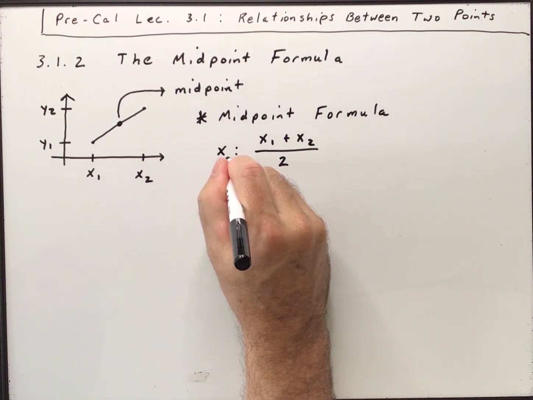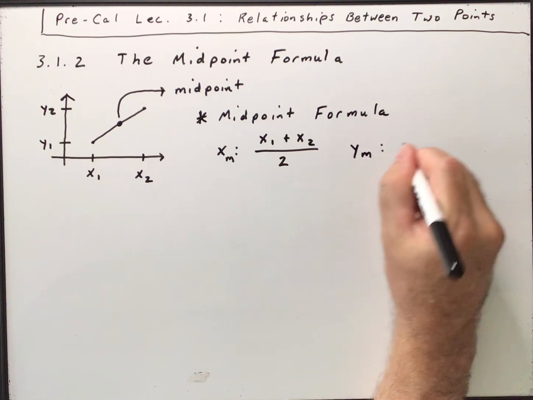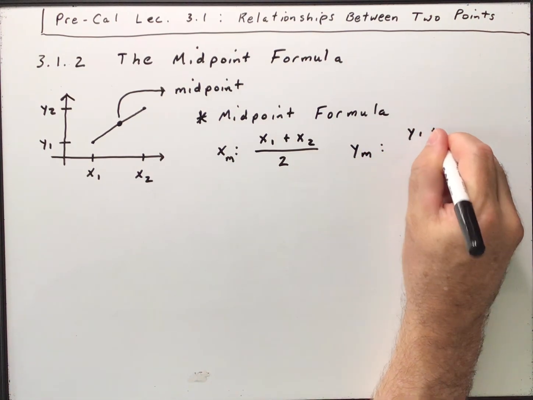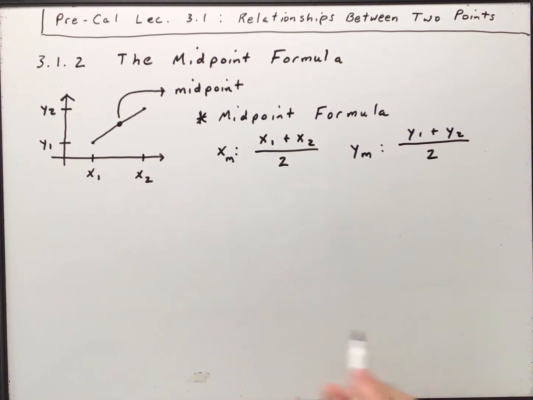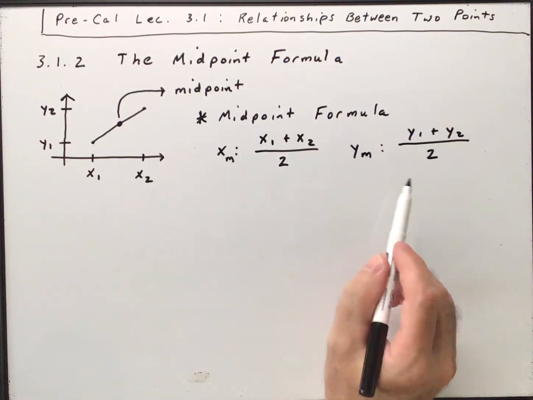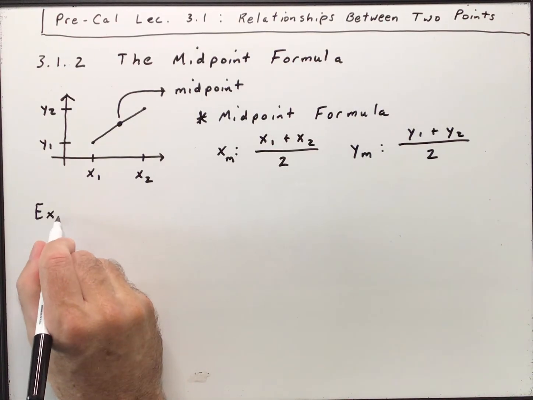We'll call this x sub m. And y sub m is y1 plus y2 over 2. You might have been able to guess that formula yourself, but you do have to memorize that formula. So let's do an example.